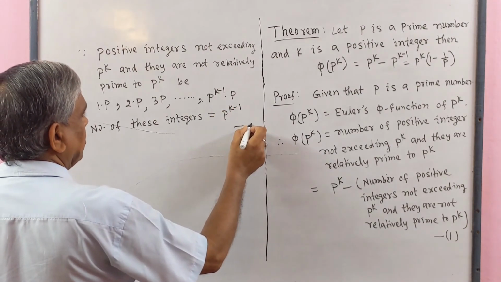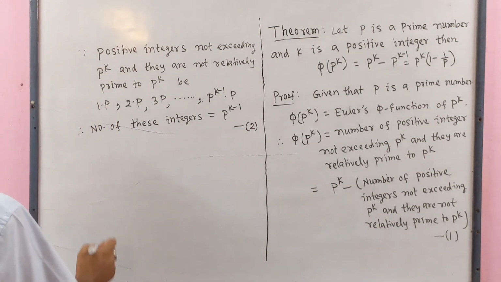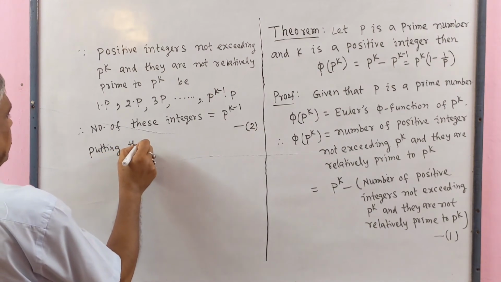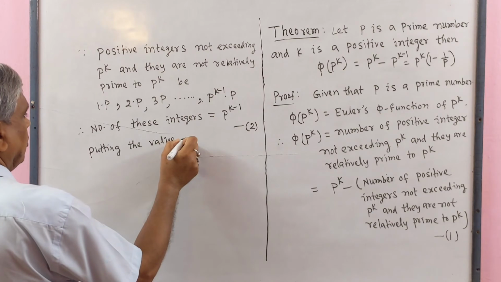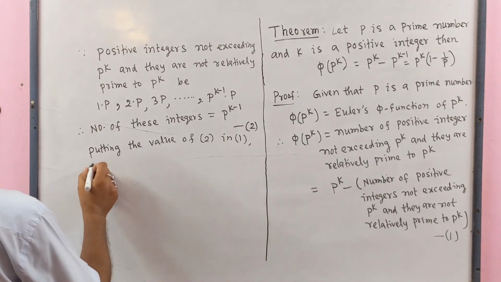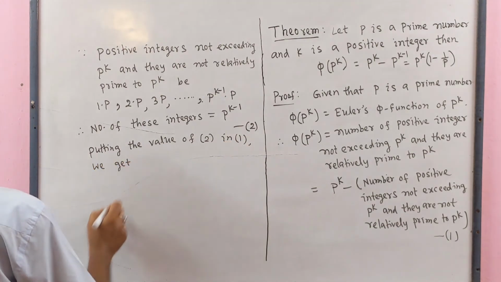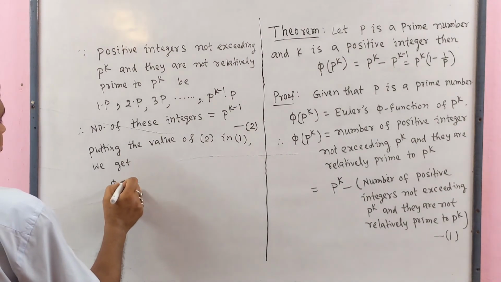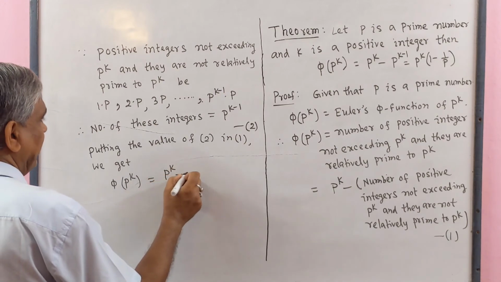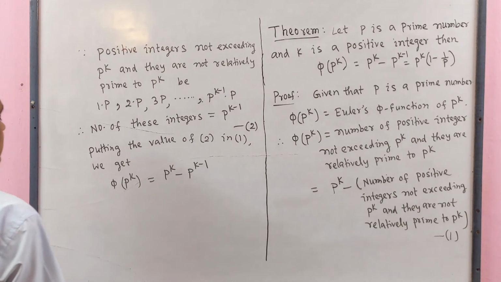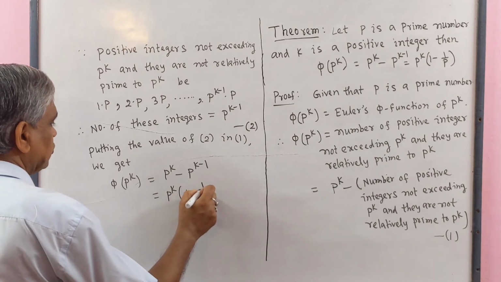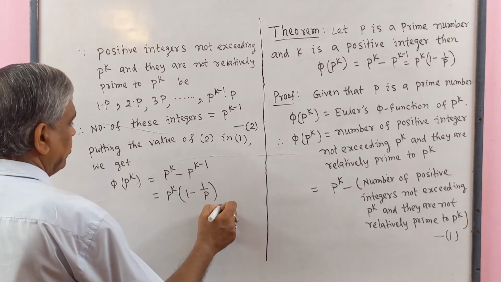This is number 2. Putting the value of 2 in 1, we get phi(p^k) equal to p^k minus p^(k minus 1), which equals p^k times (1 minus 1 by p). Proved.